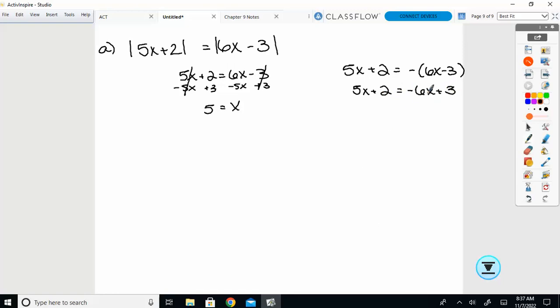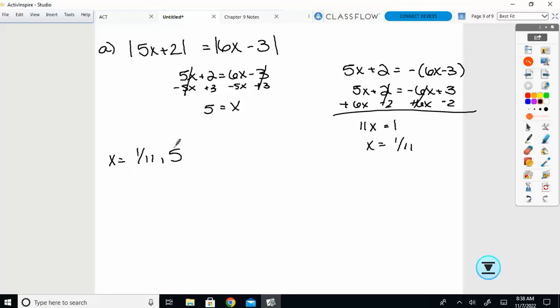X is 5 for the first one, and 1/11 for the second one. On the equations, you're allowed to just tell me x equals those things. You're not writing an interval because it's not everything in between them, it's just those two answers.